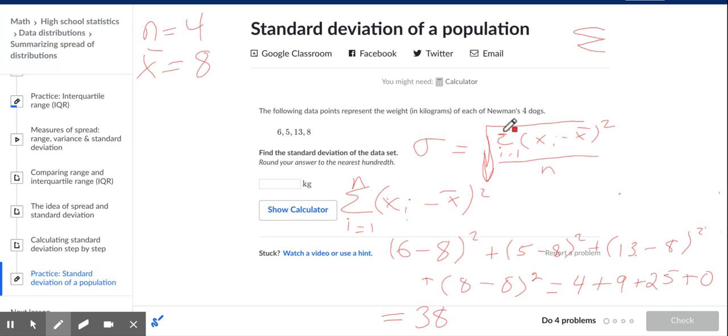That was the numerator here, which we got as 38. So the standard deviation equals the square root of 38 over n, the number of data points, which is 4. 38 divided by 4 is 9.5, or 19 over 2. It depends on how you want to do that.